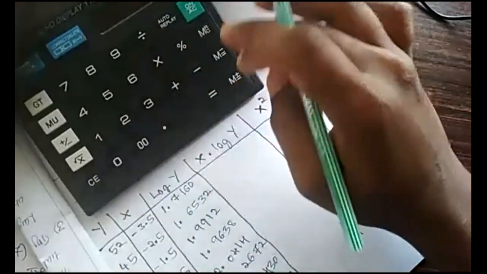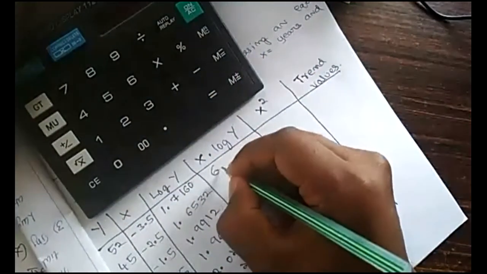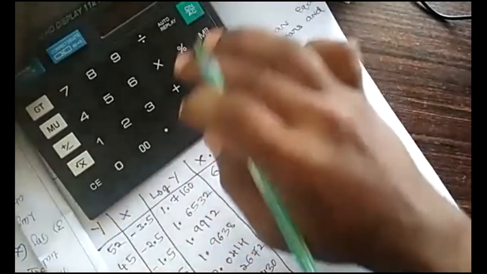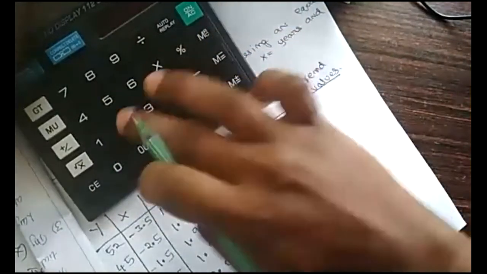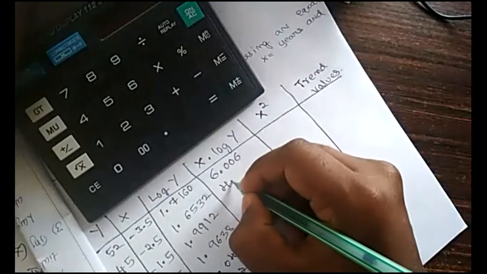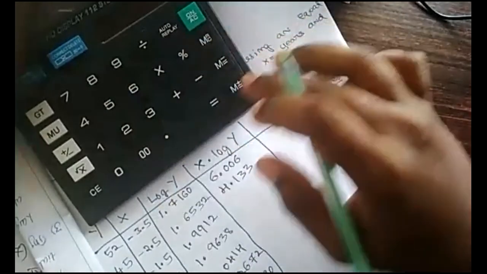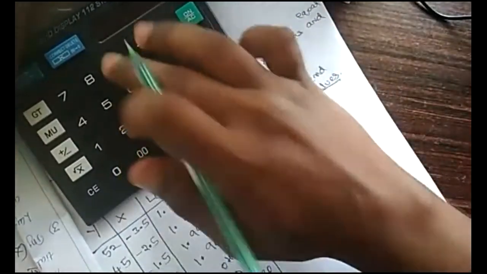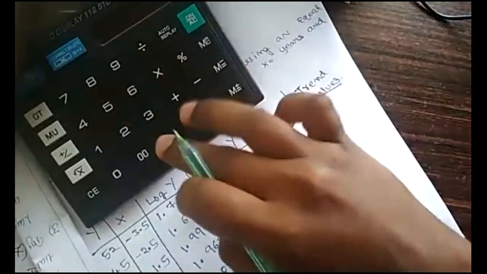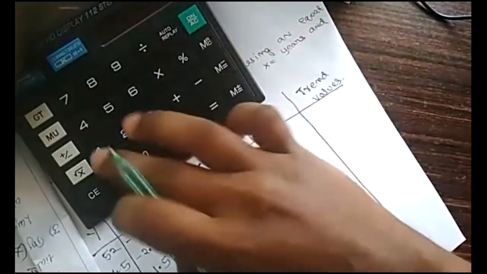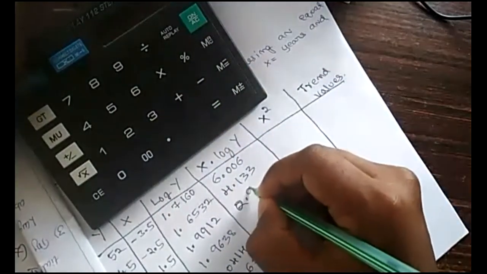So 3.5 into 1.7160, 06, then 2.5 into 1.6532, then 0.5 into 1.9638, and 2.9868.